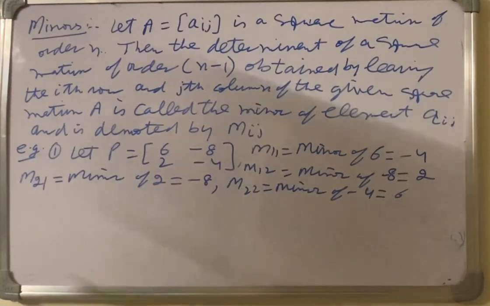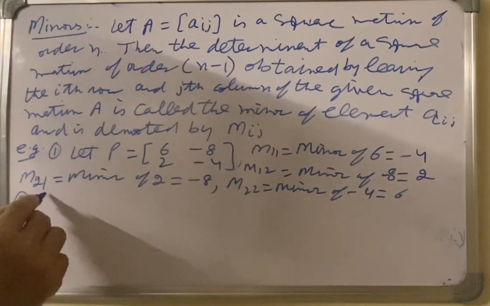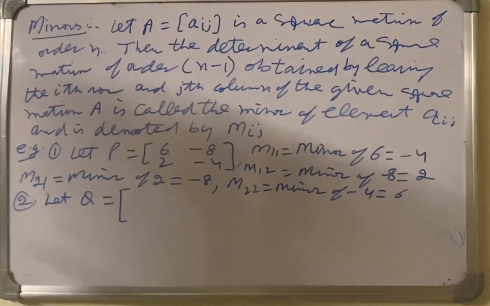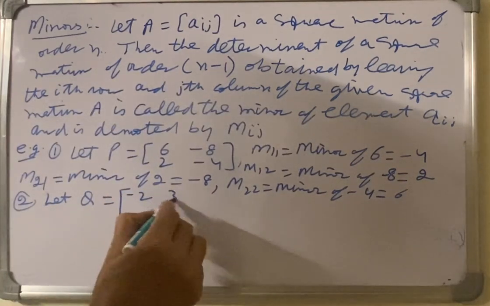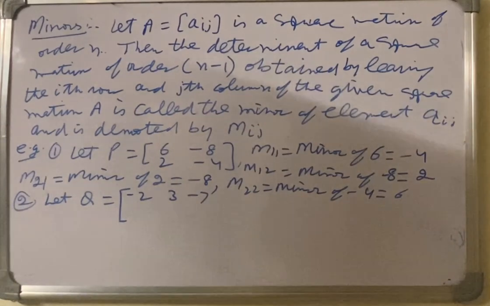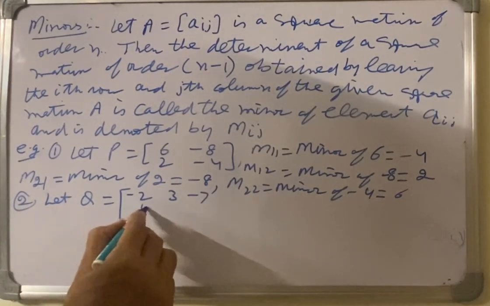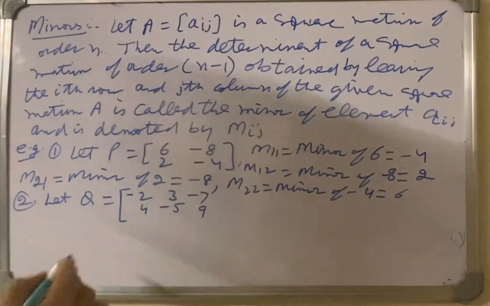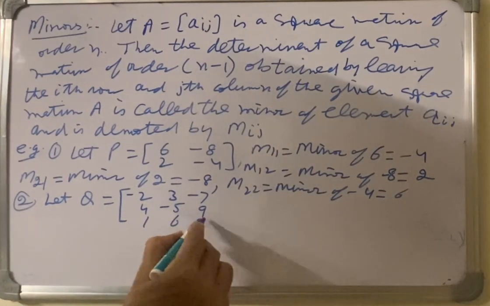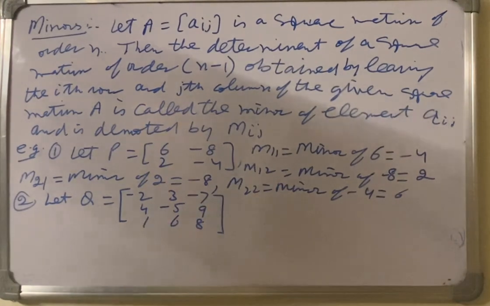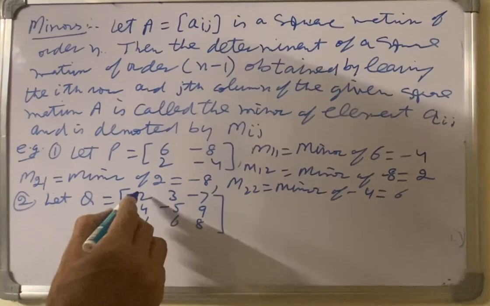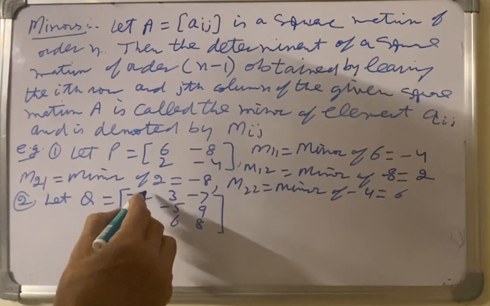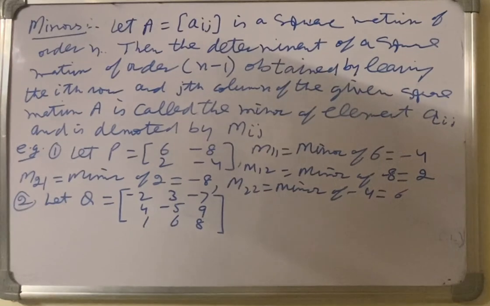Similarly, we take another example of third order. Let Q is equal to [minus 2, 3, minus 7; 4, minus 5, 9; 1, 6, 8]. First of all, we take M11, which is minor of minus 2, because minus 2 is the element A11.